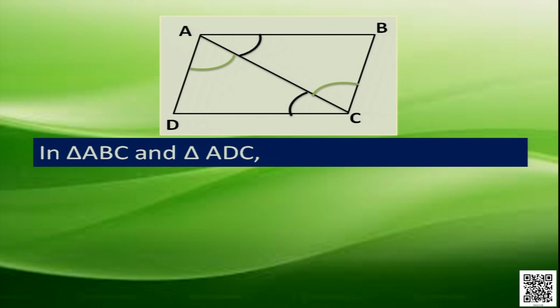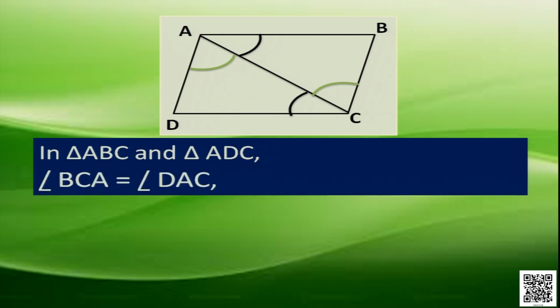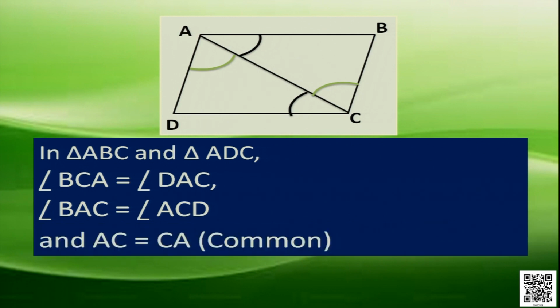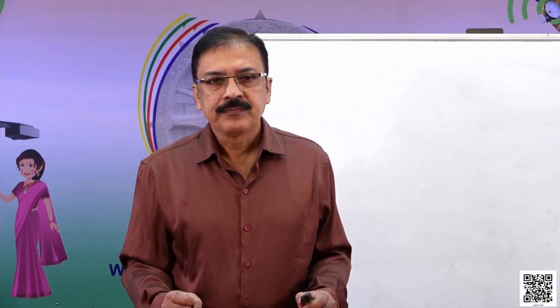In triangle ABC and ADC, as we discussed, we have two triangles. Angle BCA is equal to angle DAC, angle BAC is equal to angle ACD, and AC is equal to CA, that is common side. So, these two triangles are congruent by angle side angle property.